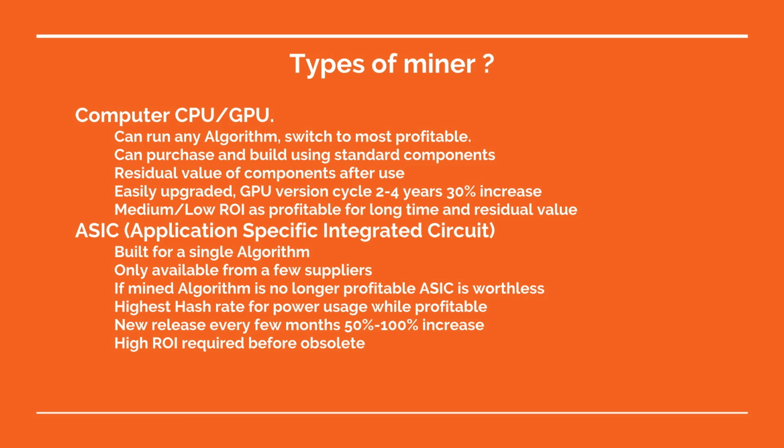The advantage of a computer system is it can run just about any algorithm, and it can easily switch between the different algorithms just by loading a different bit of software. And this can be done immediately. Very rarely does it need to be rebuilt or need a major change, and it's easy to update.